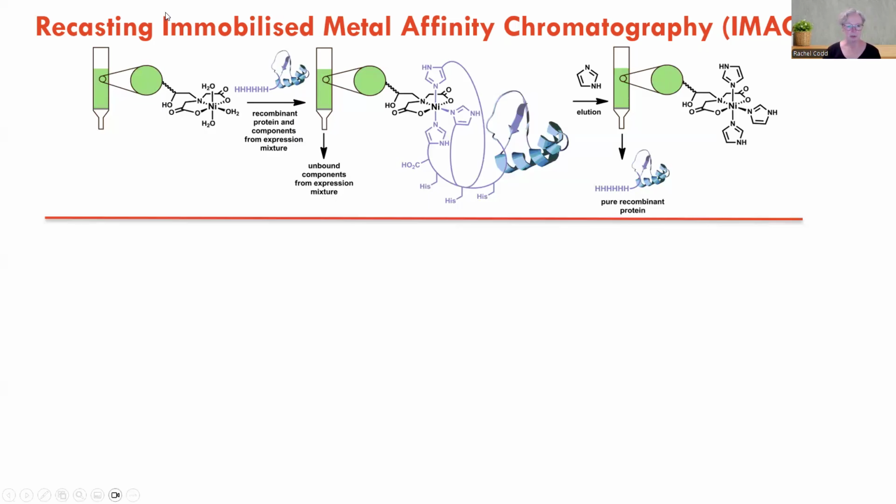So what we do is, in standard use, we'll produce recombinant protein and we introduce a histidine tag either at the C or N terminus, usually at the C terminus.